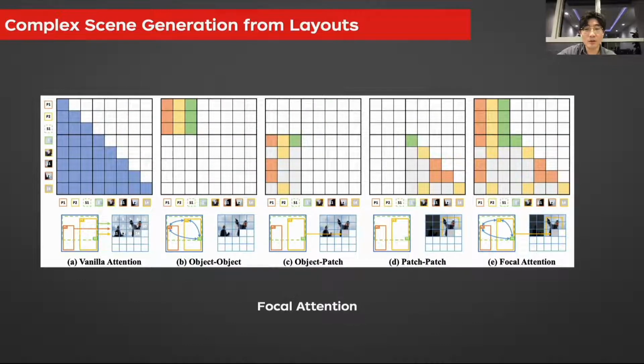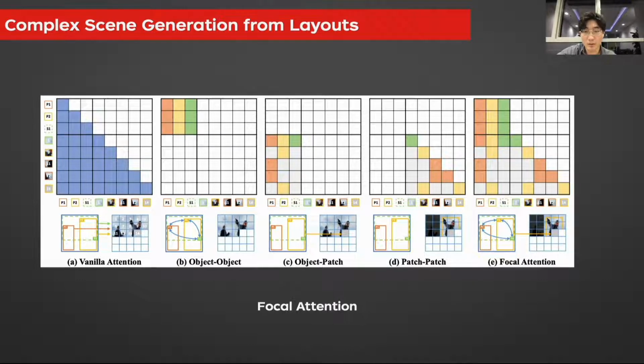The image illustrates the different attention mechanisms with connectivity matrices. A is vanilla attention, which follows a causal mask, neglecting different interactions. B is object-to-object interaction, which enhances the modeling of object-level relationships.